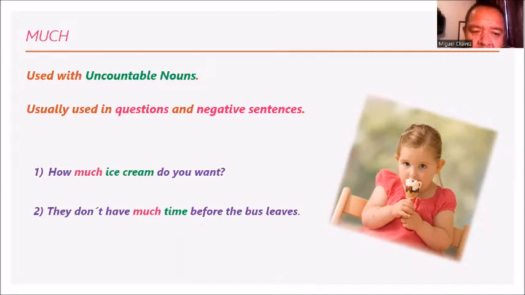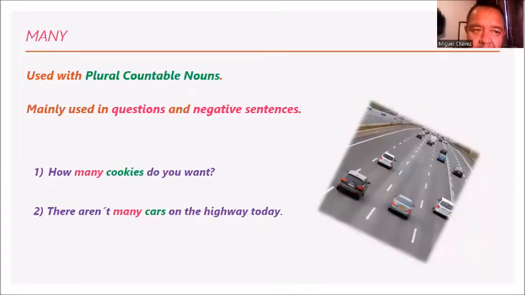They don't have much time before the bus leaves. The second, many, is used with plural countable nouns, mainly used in questions and negative sentences. How many cookies do you want? There aren't many cars on the highway today.